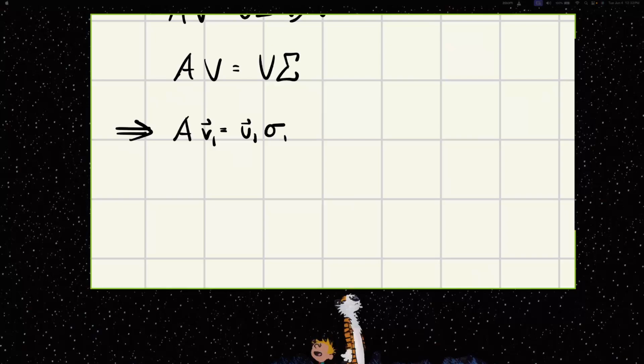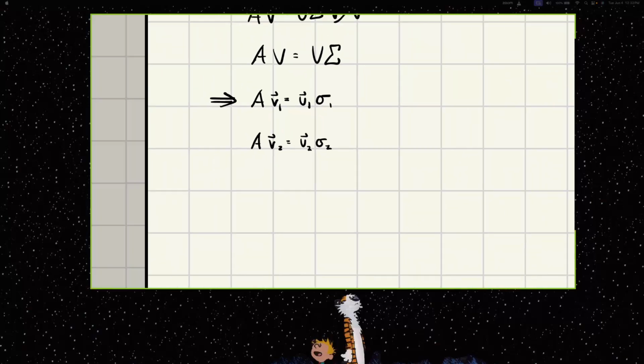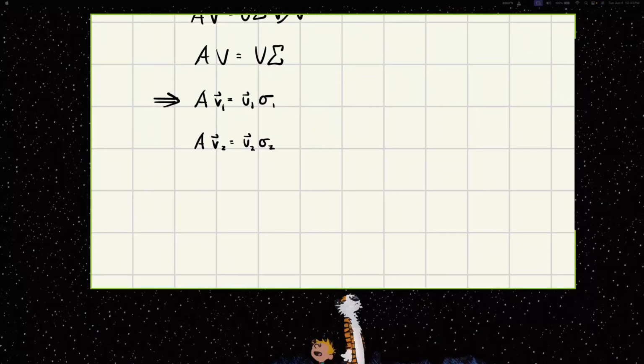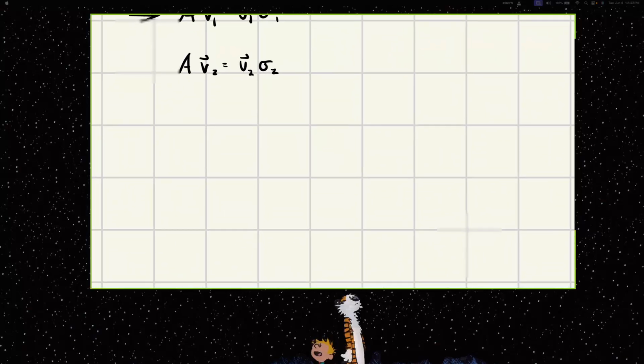Then we can do this again for the second singular value: A times the second basis vector for V equals the second basis vector for U times the second singular value. Because we're now dealing with vectors, we can find an explicit expression for this basis vector U, which we need to find. Once we know those vectors U, we can compose our matrix U.